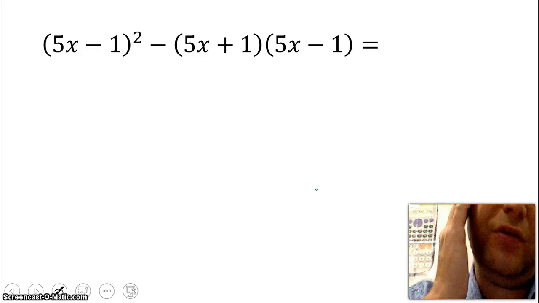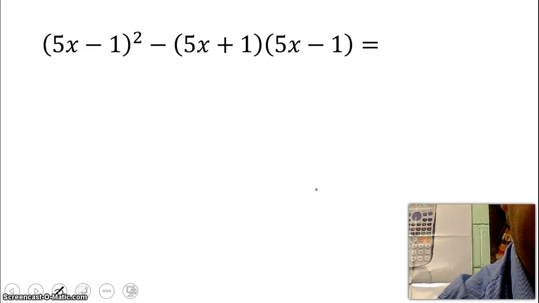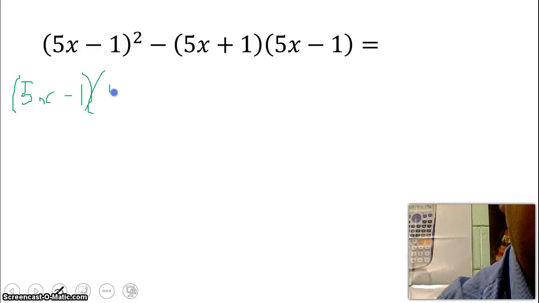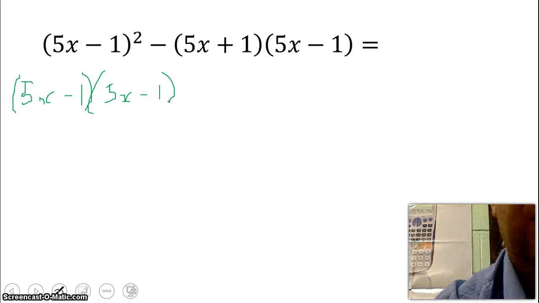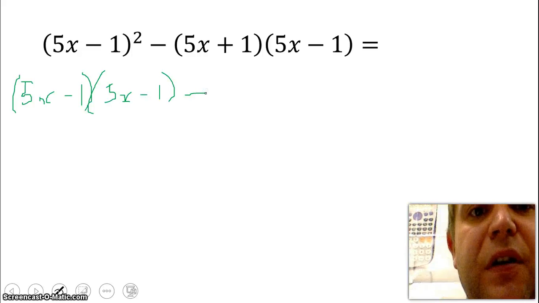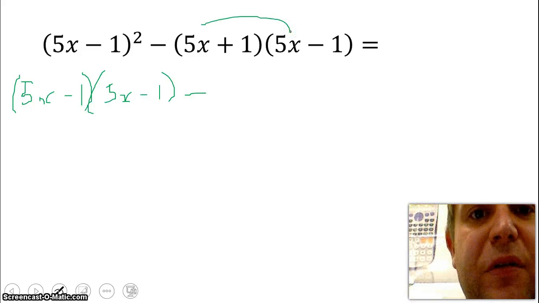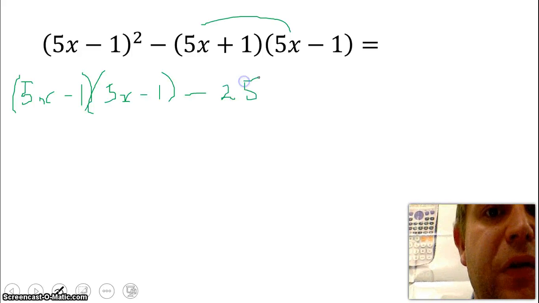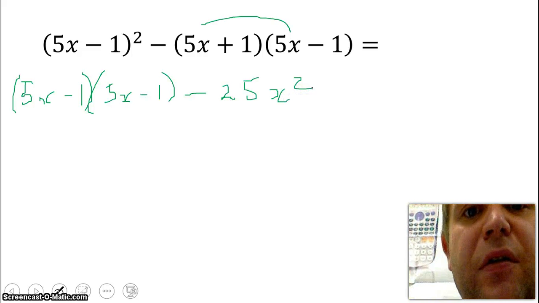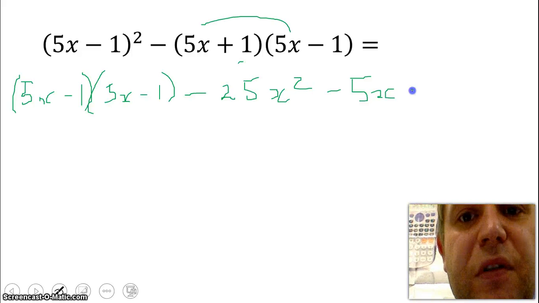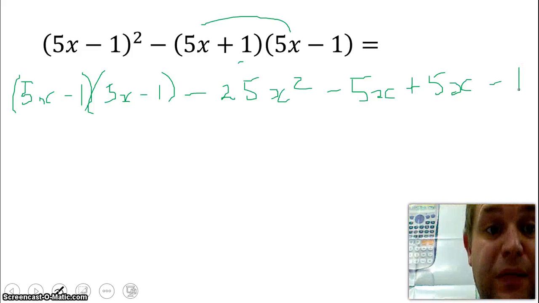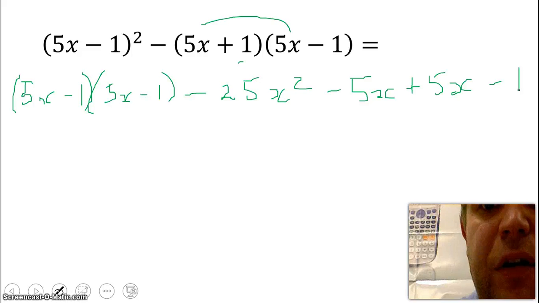In this one, we're going to have two expansions to do. We've got (5x minus 1)(5x minus 1), and we've got to take away our second expansion, so we'll do this one straight away. 5x times 5x is 25x squared. 5x times minus 1 is minus 5x. 1 times 5x is plus 5x, and minus 1 times minus 1 is plus 1.